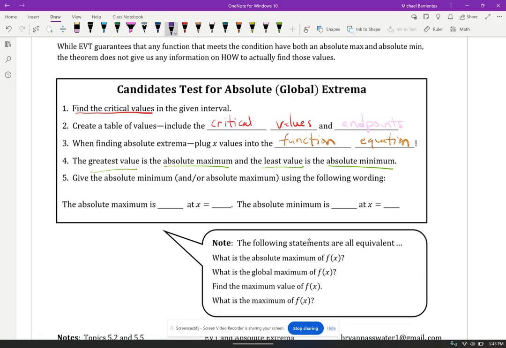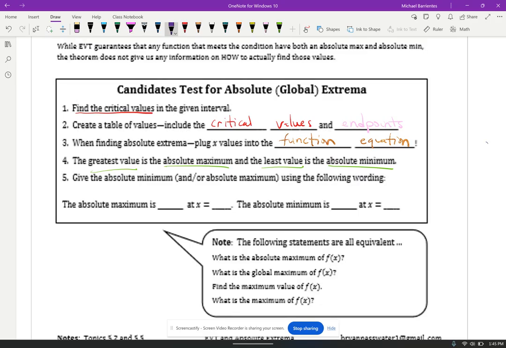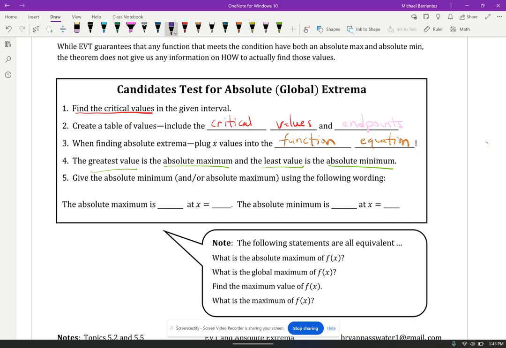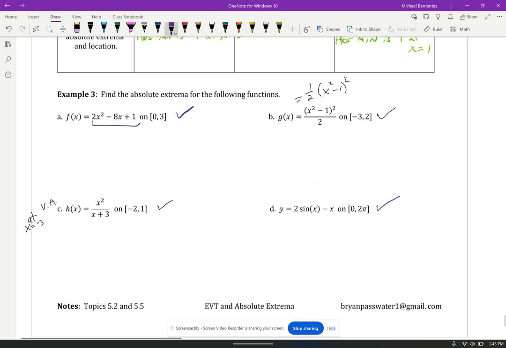We're going to create a table of values that include those critical x values and the endpoint values. And then we're going to find the absolute extrema by plugging in x values into the original function equation. And then we'll see which one is the biggest value, the highest value, and which was the lowest value, because they're going to be designated the absolute mins and maxes.